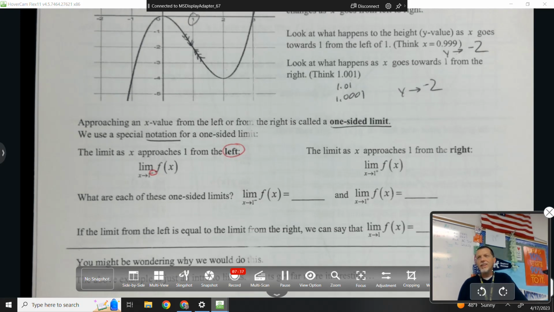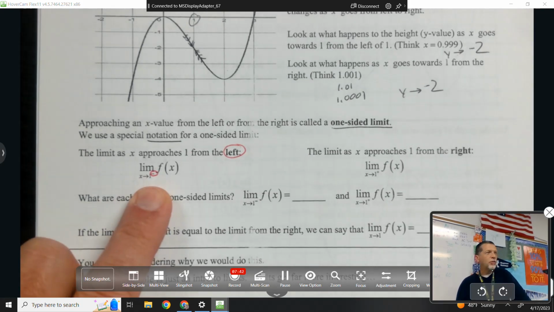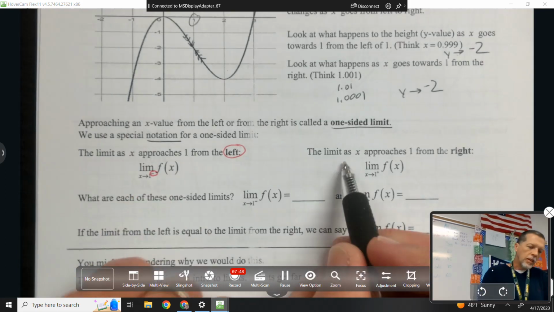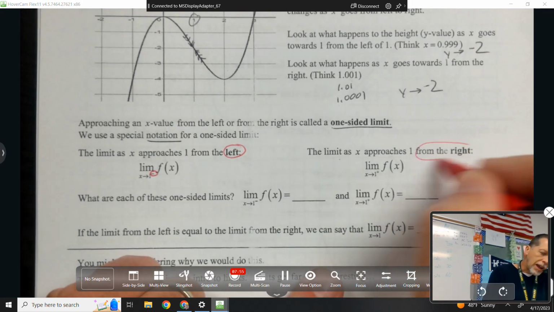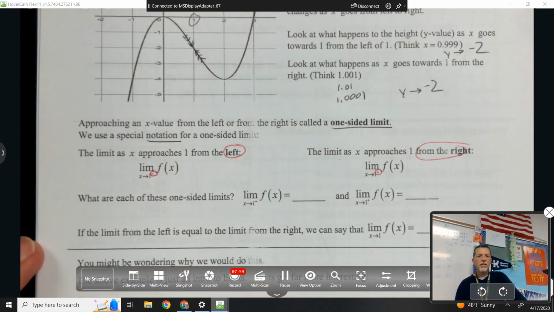Not -1, it's a little less than 1. So that is definitely a new notation of 1 with a minus sign up there. That's weird. That's new. The limit, LIM, x approaches 1, x arrow 1, from the right, there's a little plus sign there.